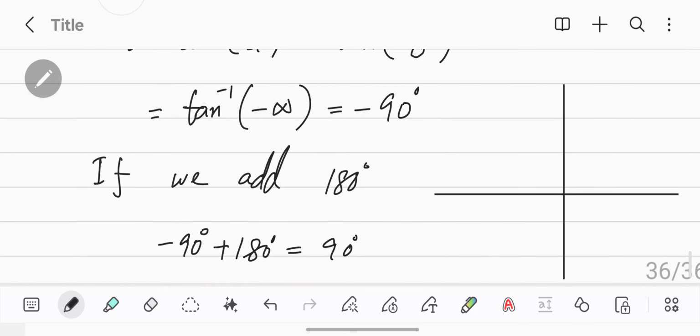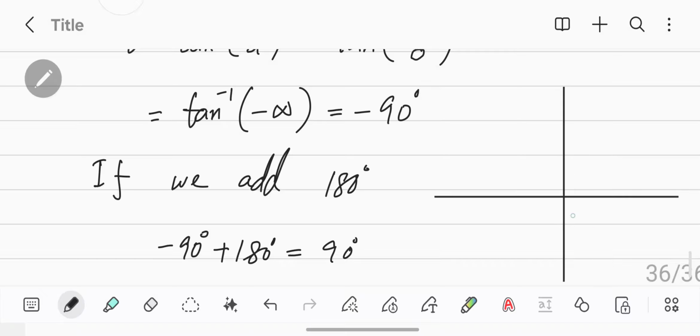Negative 4 means along the y-axis I have to go down by 4 points. 1, 2, 3, 4. So I will stay here. I will go neither here nor here, because along the x-axis I have 0. So my vector is from the origin to this point.